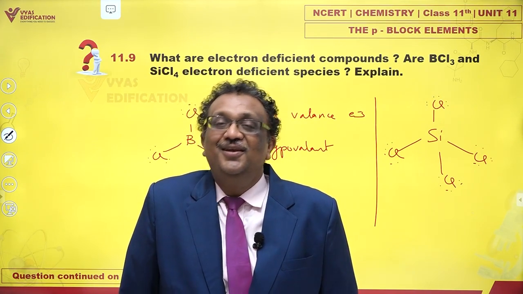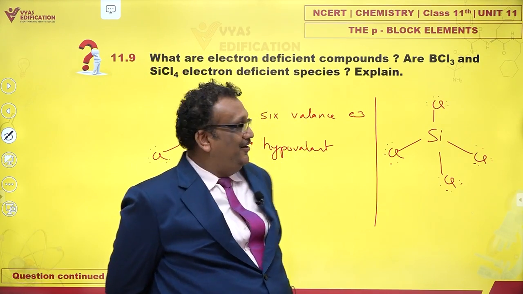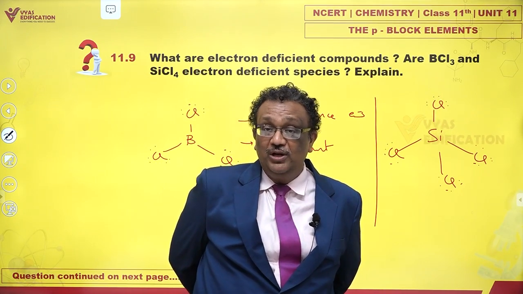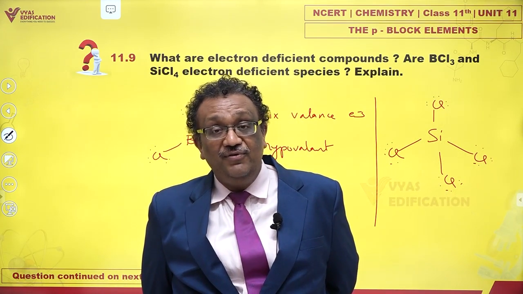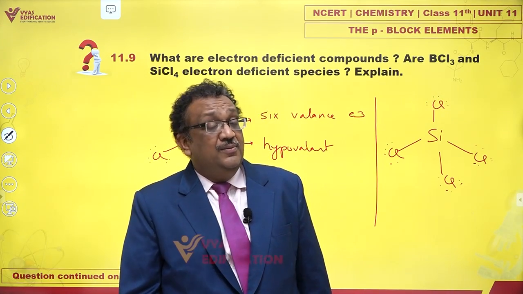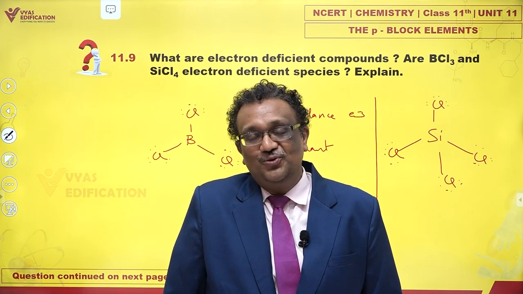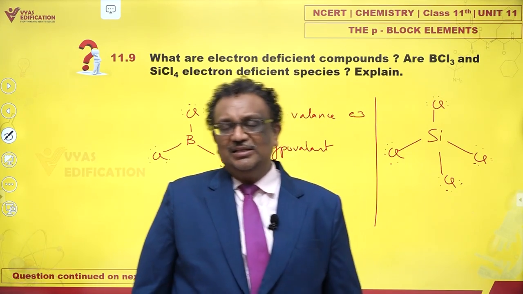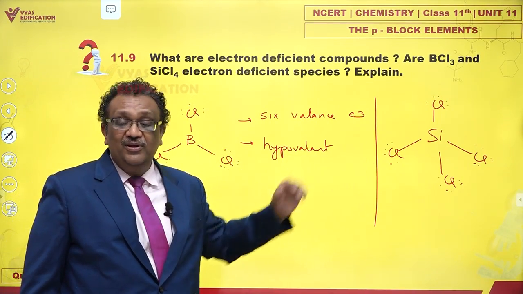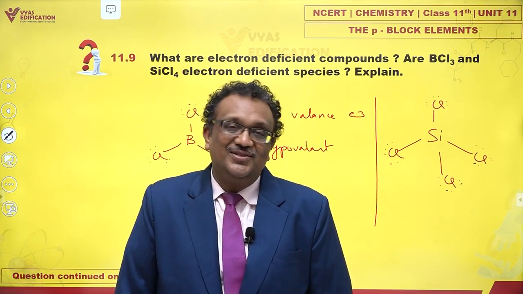Although, it is a little mischievous, but let me just point out, this is indeed a Lewis acid. Silicon, because of attachment to 4 chlorine atoms, is sufficiently electron deficient. It has empty d orbitals in which it can accept a lone pair of electrons. Because of that, it tends to react with water, unlike CCl4. But that is a different story. For this question, the classical answer is that because of incomplete octet, this is electron deficient and that one is not. So we will just go with that so that you're not confused. But that actually is just half the truth.